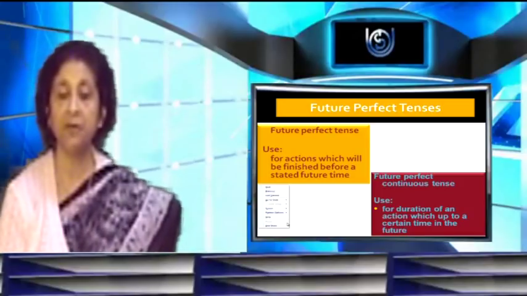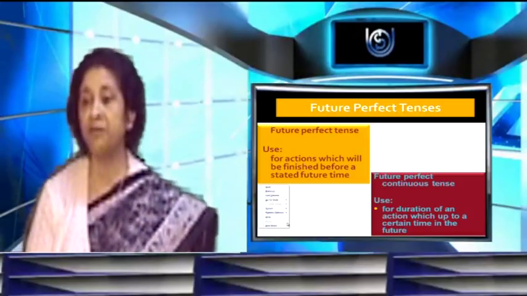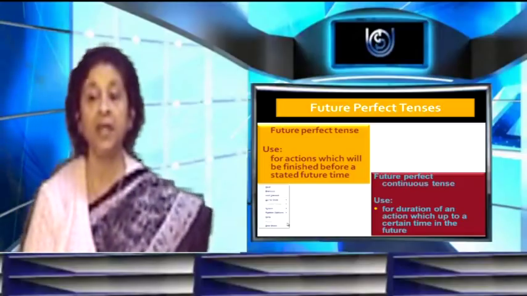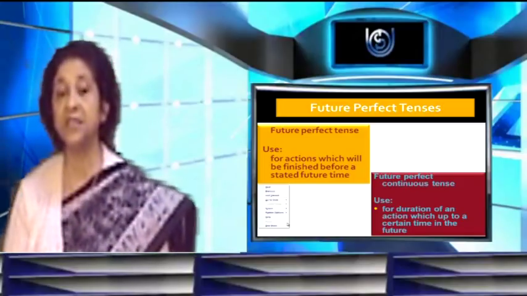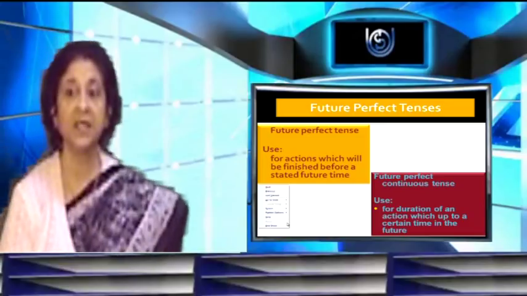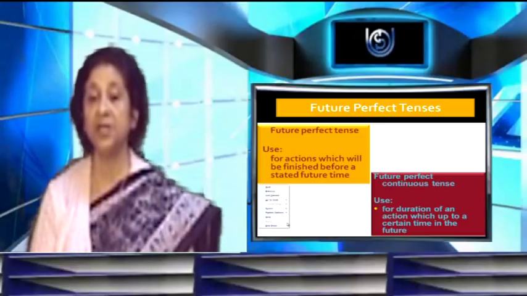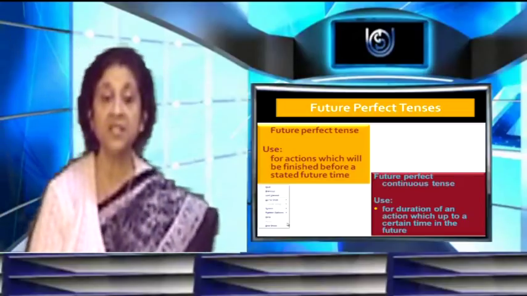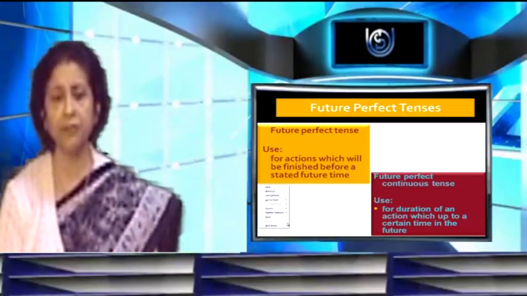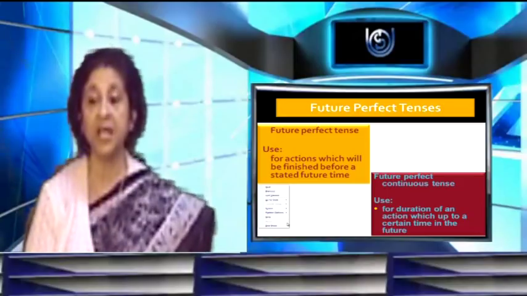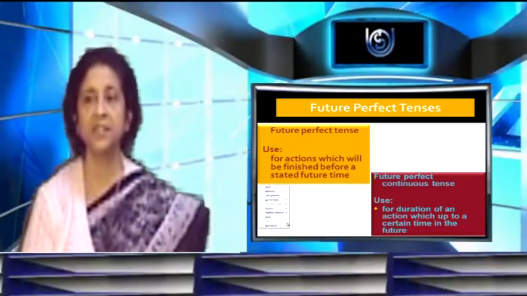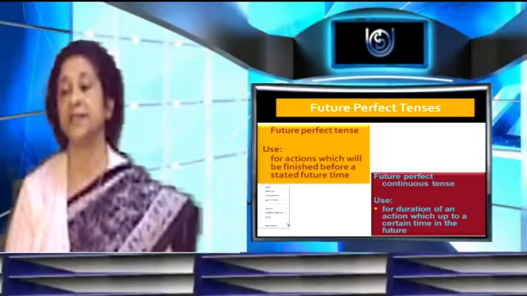For definite time, we use since. For indefinite time, we use for. That it had been raining since morning. So this is past perfect continuous tense, because I am giving you a definite time, since morning. First form of verb plus ing, plus had been. So this is about your past perfect continuous tense.